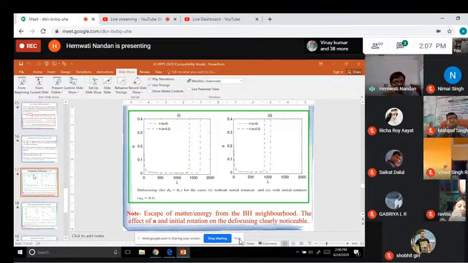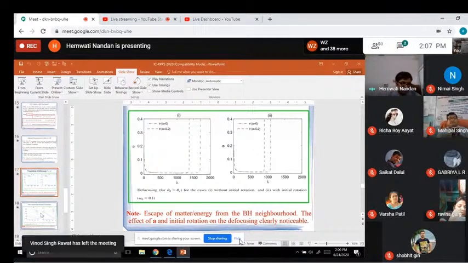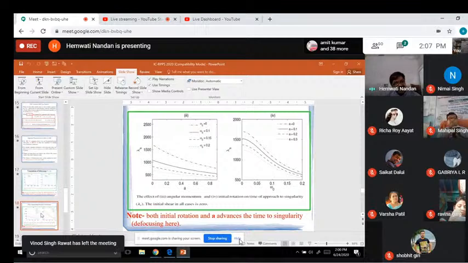And the effect of the spin parameter A and initial rotation on defocusing is clearly noticeable in these plots. In these plots, both initial rotation and A are going to advance the time to singularity, I mean defocusing here.